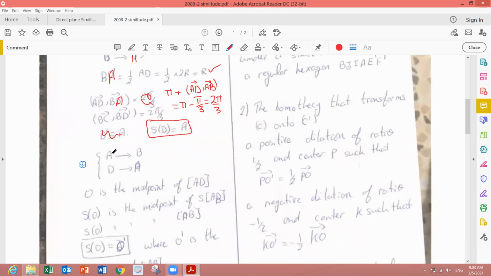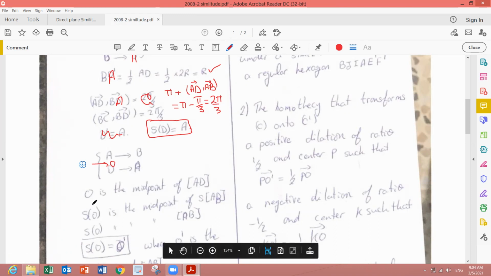So we have A onto B and D onto A. We have O is the midpoint of AD.